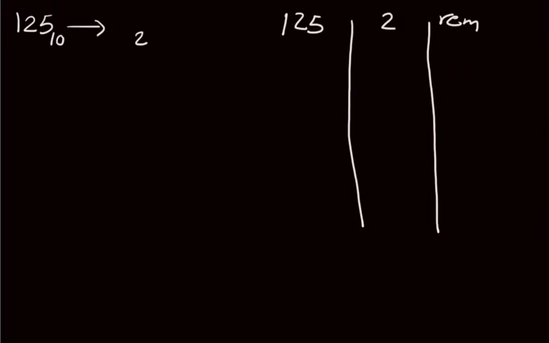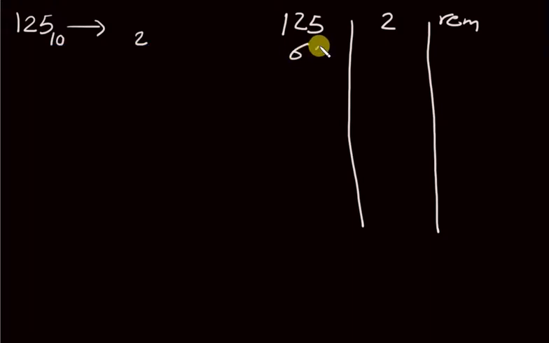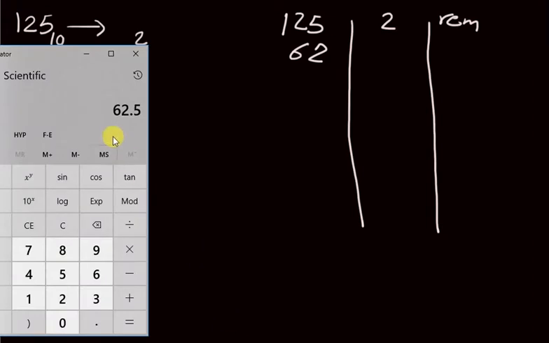Now I'm going to use my calculator and divide 125 by 2, and it will give me 62.5. So I will put 62 here, and if you notice there is a 0.5 here.